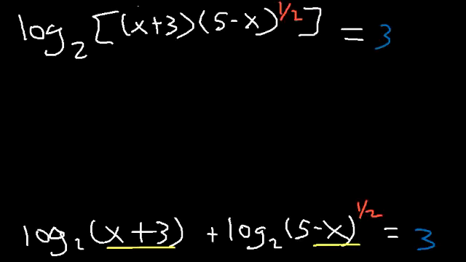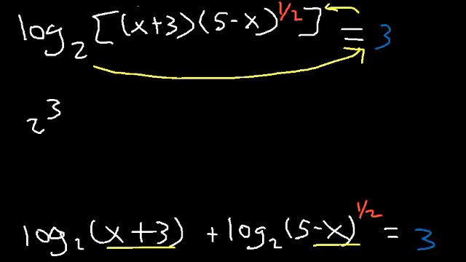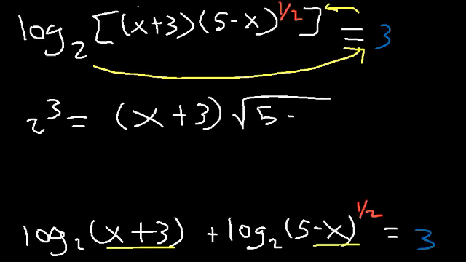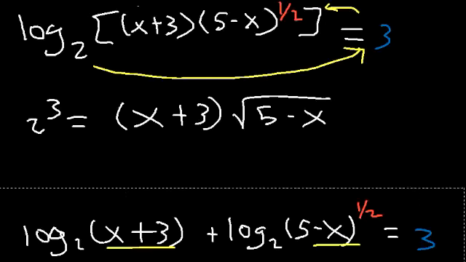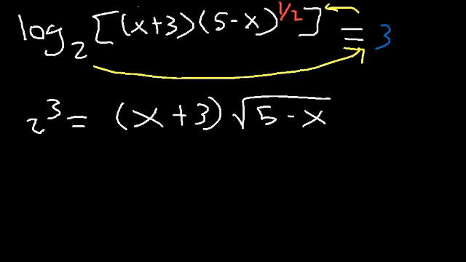So now let's convert the log into its exponential form. So 2 raised to the third power is equal to everything inside. So that's x plus 3 times the square root of 5 minus x. And 2 to the third power is 8.